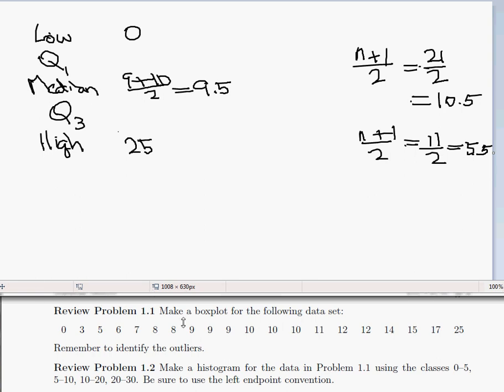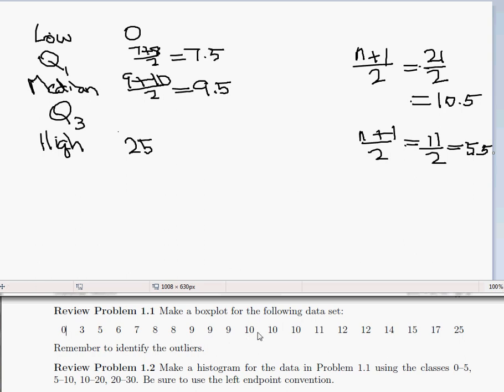So for this part of the data, from here to here, entries 1, 2, 3, 4, 5. So here's entries 5 and 6. So the first quartile will be the average of 7 and 8, which is 7.5.